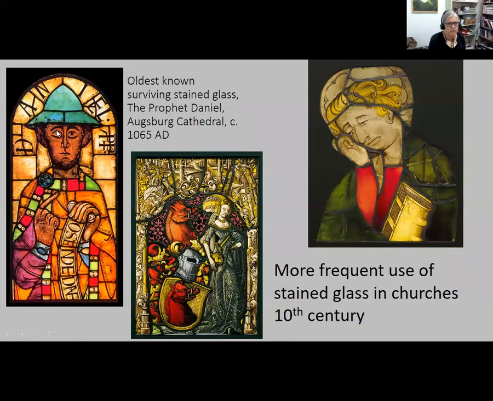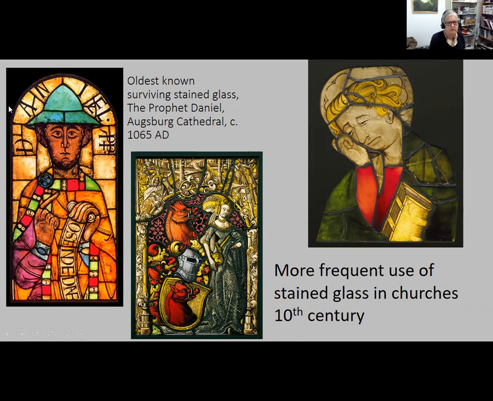This is the oldest known surviving stained glass, although I just heard on the news a couple of days ago that in Canterbury, England, they discovered that some of the stained glass there was even a little bit earlier than this.